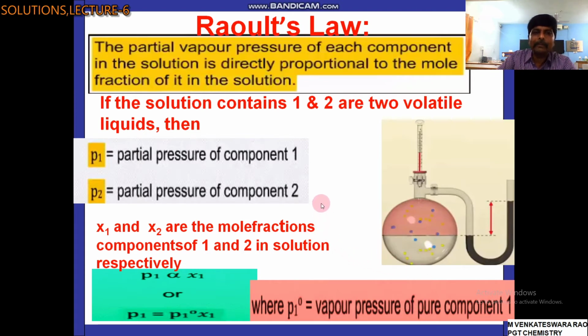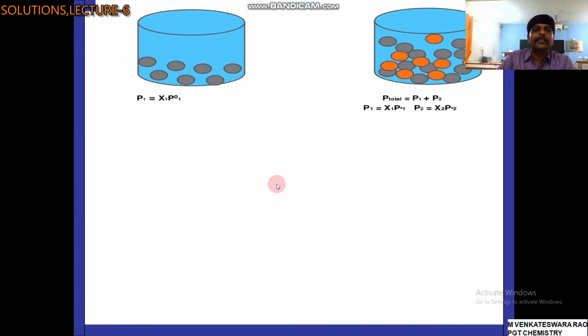So it is about component 1. In this slide, take only one component, component 1. Here the mole fraction of component 1 is X1 and the partial pressure is P1. So P1 is equal to P1 naught into X1. But here it contains both solute and solvent, and both are volatile.